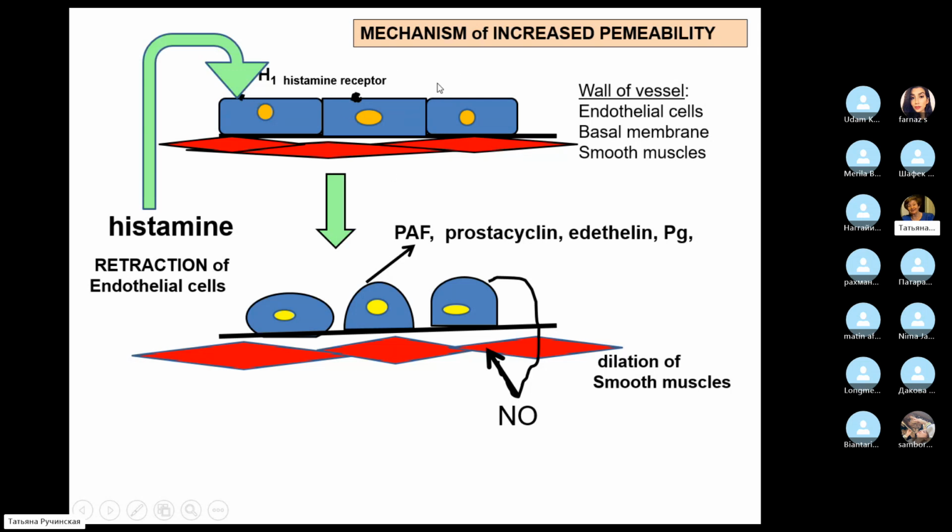Now, this is the membrane of the vessel wall: endothelial cells, black is the basal membrane, and then the smooth muscle wall of the vessels.